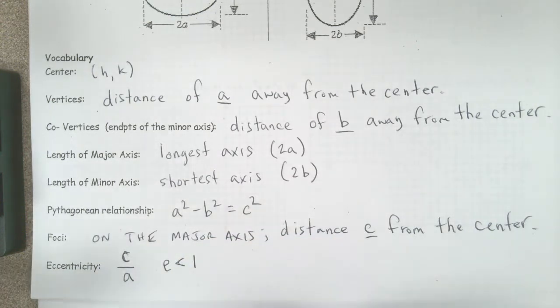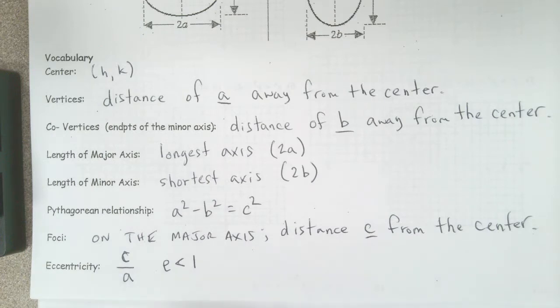You say, why is that important, or what does the eccentricity really have to do with the ellipse? Well, the bigger the eccentricity, the flatter the ellipse is going to be. So the smaller the eccentricity, the more rounded it's going to be, or the closer it would be to being like a circle.